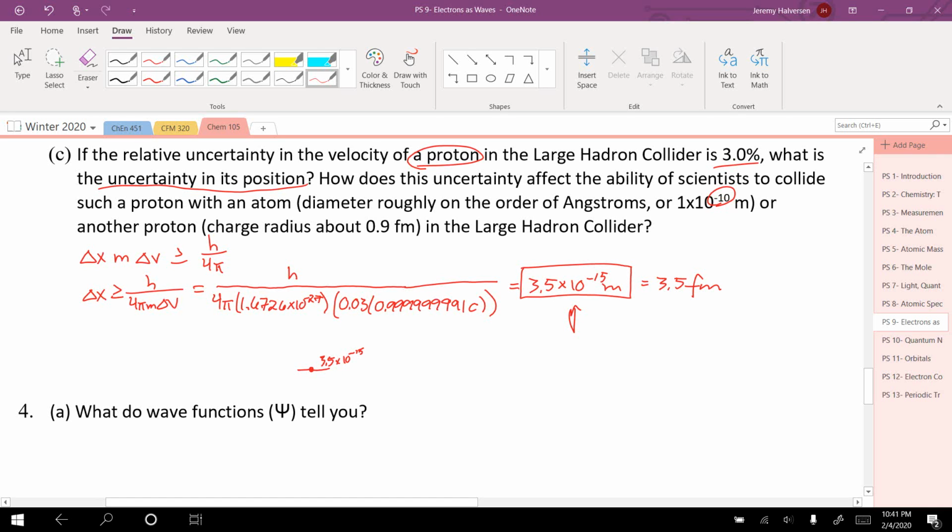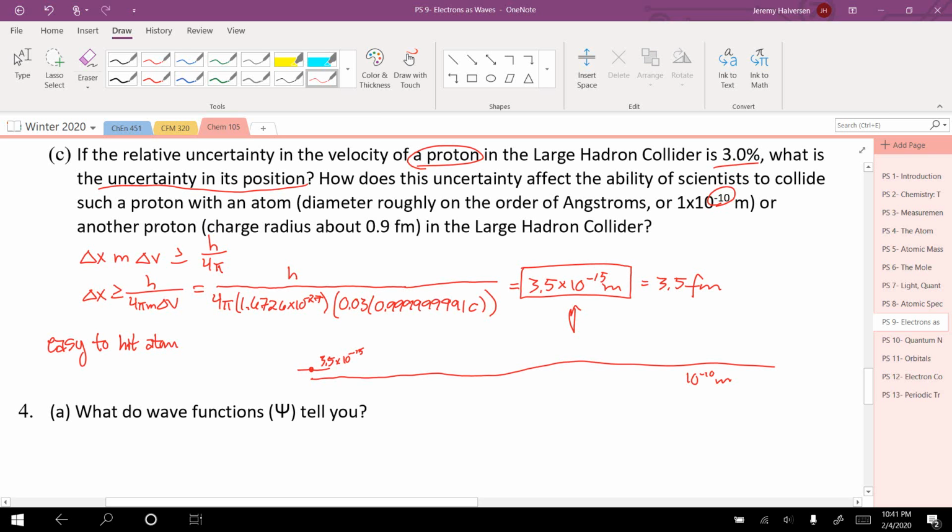And if we're trying to hit something whose diameter is 10 to the negative 10 meters, well, 10 to the negative 10 is way bigger than 10 to the negative 15. So it's going to be pretty easy still to hit the atom, because the atom is so much wider than our uncertainty range.